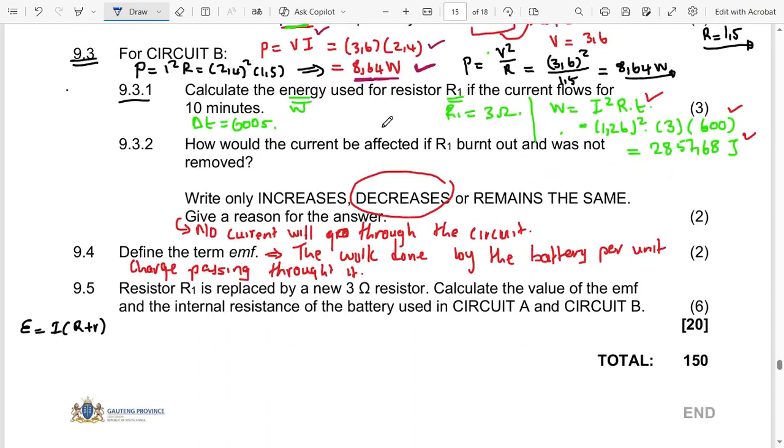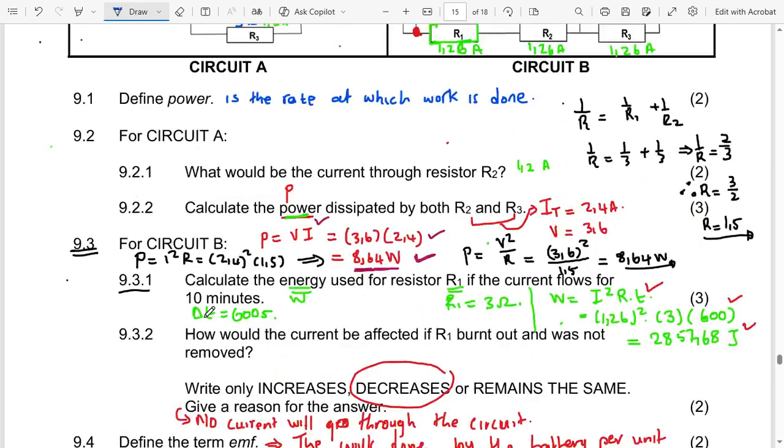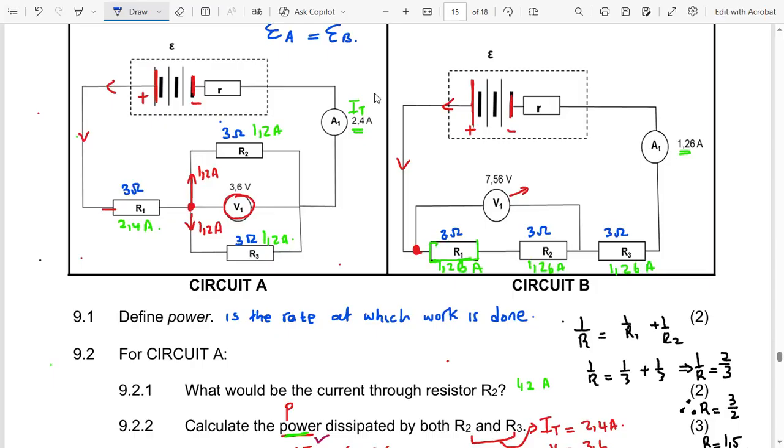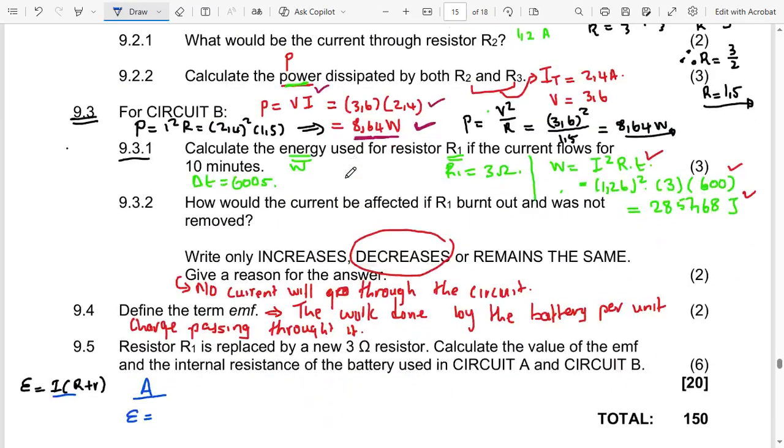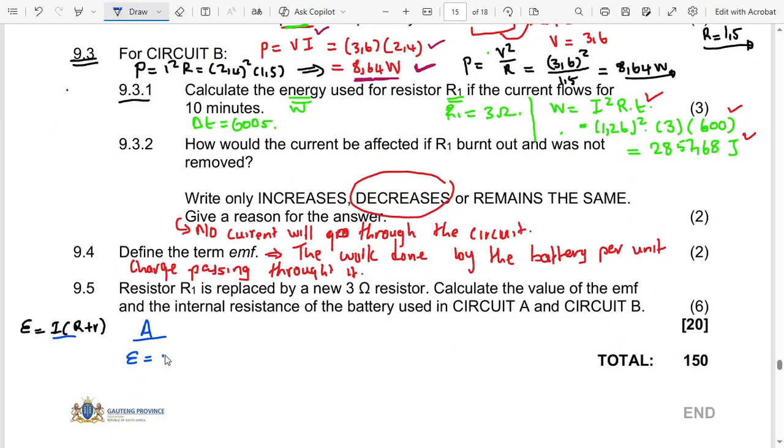So I'm going to first form an equation from circuit A. For A, what will the EMF be? EMF is equal to, I'm going to use this formula and substitute. The total current for A is just 2.4, so I'm going to substitute that 2.4. Remember, the 2.4 is multiplied by the R. We need the total resistance.